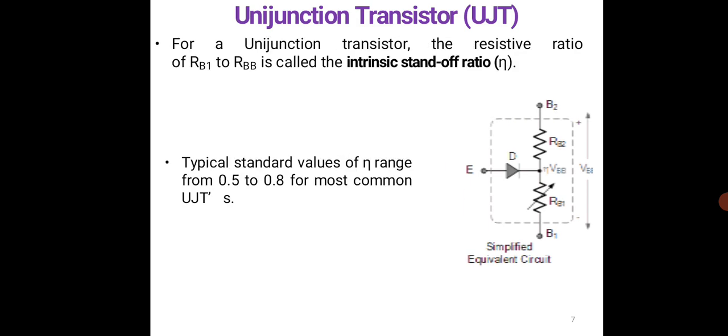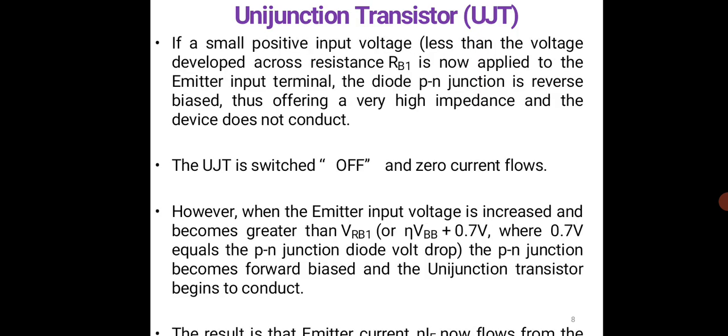For a unijunction transistor, the resistive ratio of RB1 to RBB is called the intrinsic standoff ratio. The typical values of eta range from 0.5 to 0.8 for the most common UJTs.